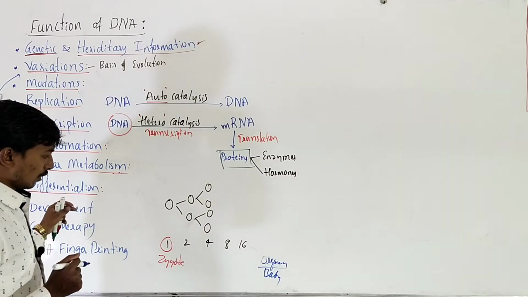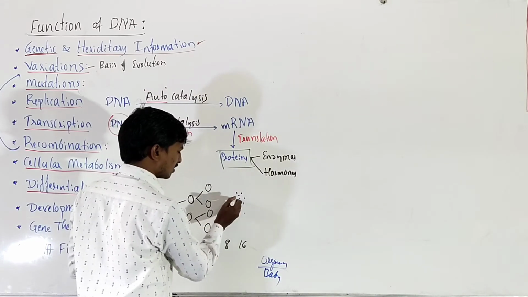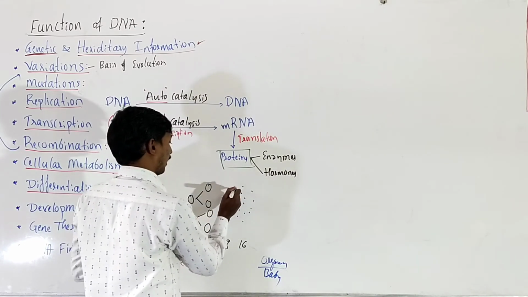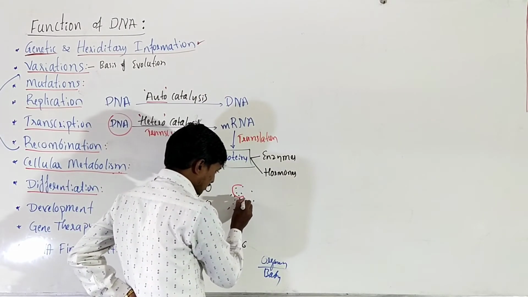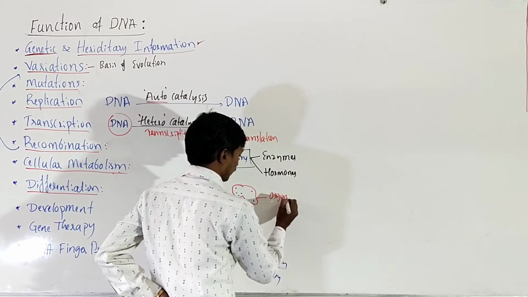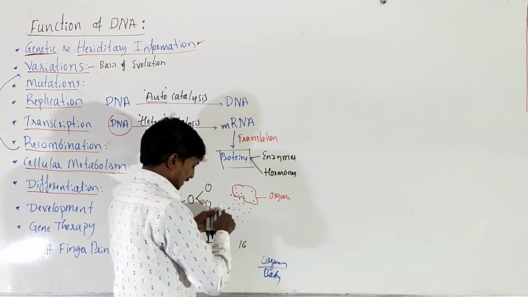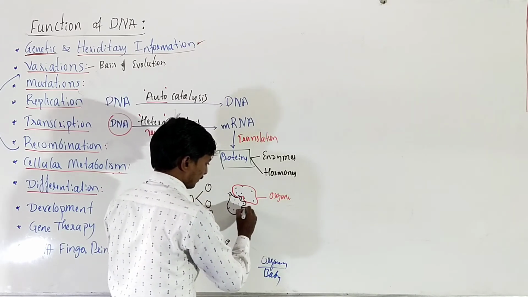Means when some 10,000 cells are formed, among that some of the cells will form one organ of the body, and few more cells will form another organ of the body.